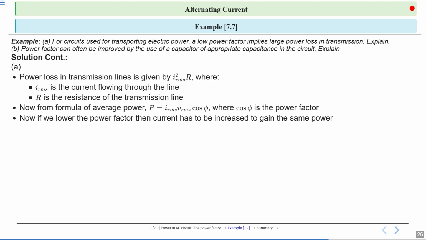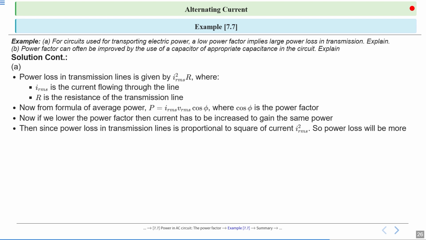We cannot increase VRMS, the source is the same. In the transmission lines, power loss is proportional to IRMS square, so power loss will increase. So a low power factor implies large power losses.